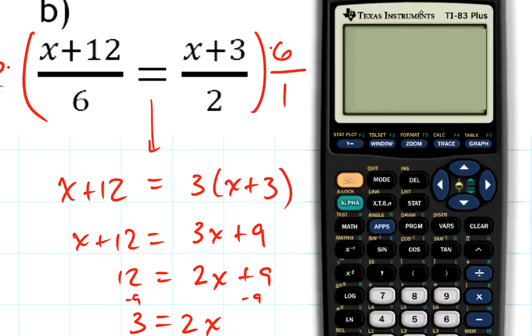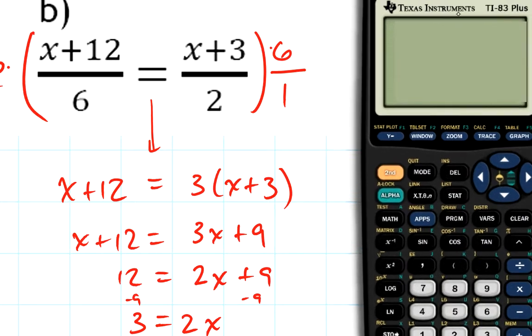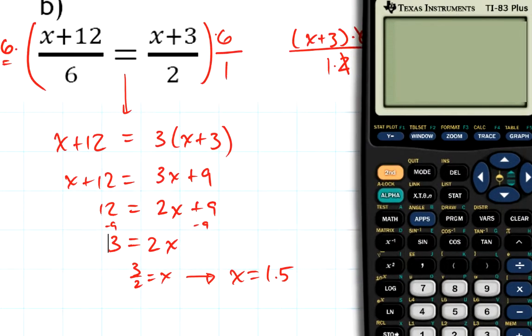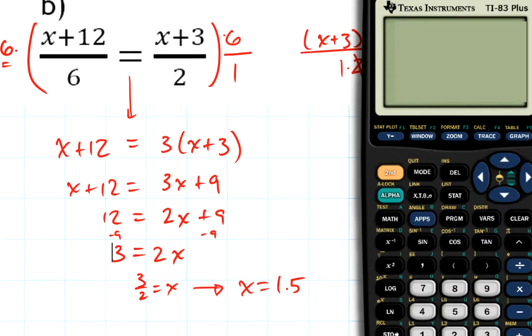In this numerator, the first one, I'm going to take x plus 12. I'm saying that x is going to equal 1.5. Last time I checked it without the calculator, so I'm going to check with the calculator here. I'm going to take 1.5 plus the number 12, which is 13.5.